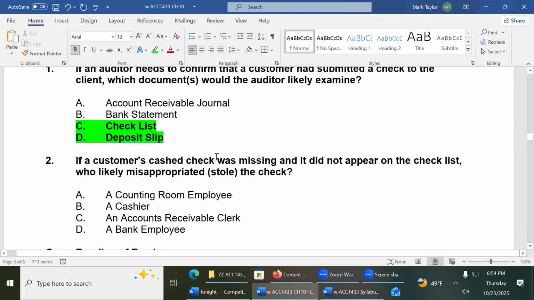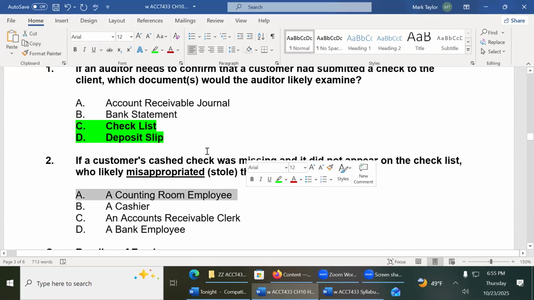If a customer's check was missing and did not appear on the checklist, who likely misappropriated it? I love that term, misappropriated assets. It sounds so much better than stealing it. Who likely misappropriated the check? Yep, probably me.